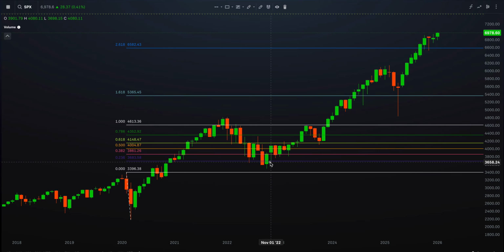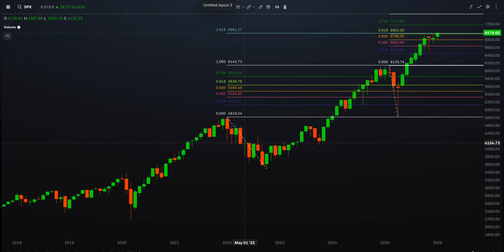Now again we are going to inspect the next price point, which happened in January 2022. So I draw Fib extensions from January 2022 to the low of October 2022. With these Fib extensions, again we have the major upside resistance at 6142.73.